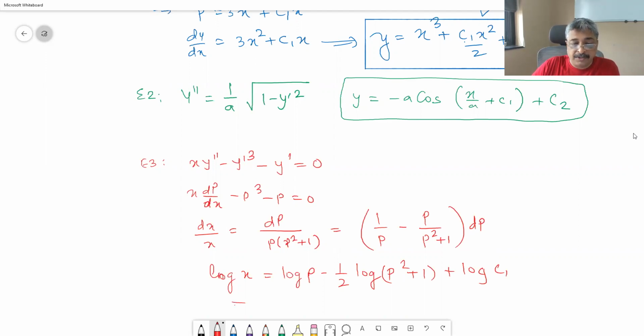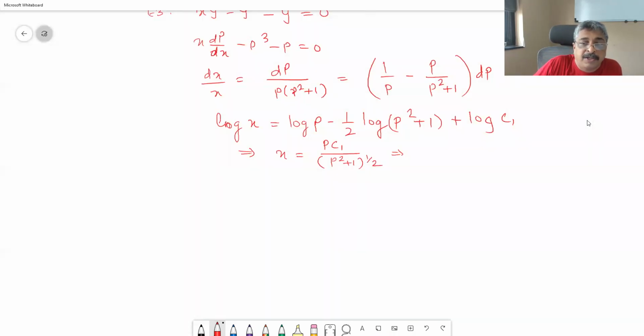If you simplify this, we get x is equal to p c1 upon (p square plus 1) raised to half.